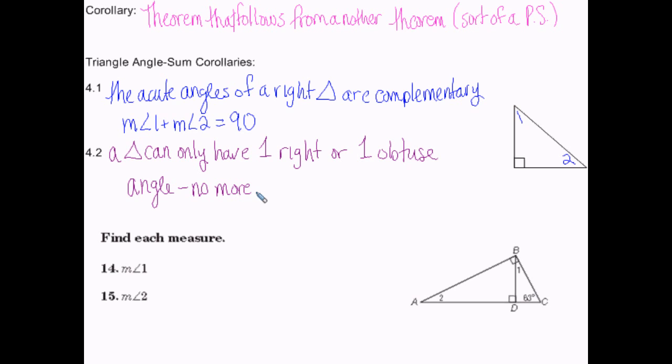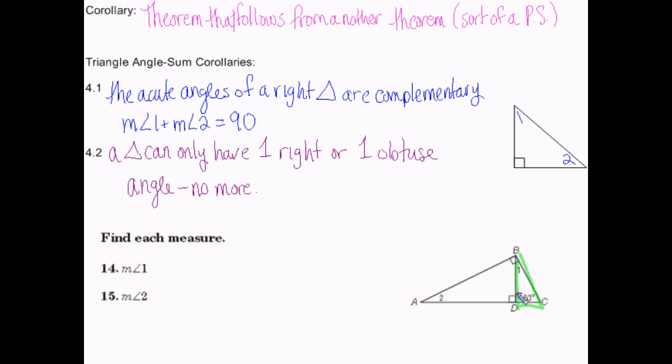If I look at this small triangle here, okay, D is a perpendicular intersection. So if this side is 90, that's also 90. And this is 90, that means these two are 90.